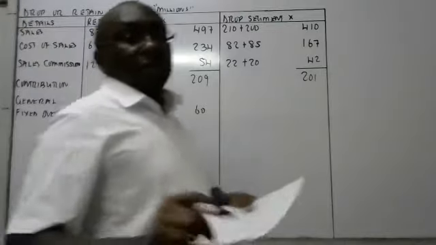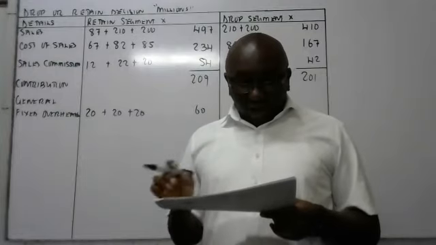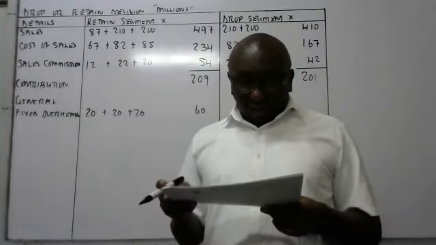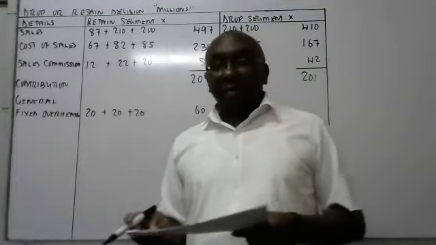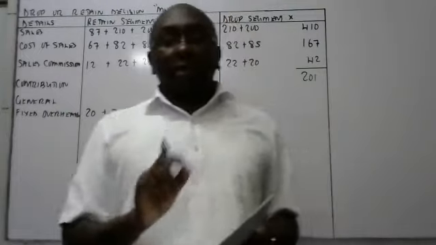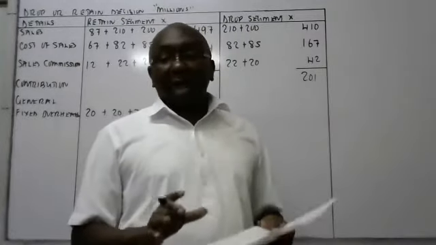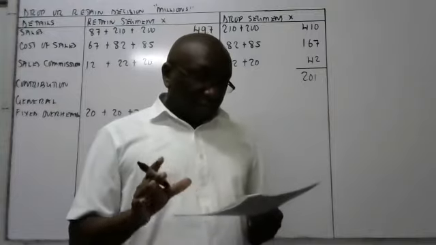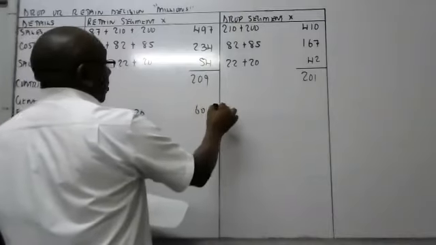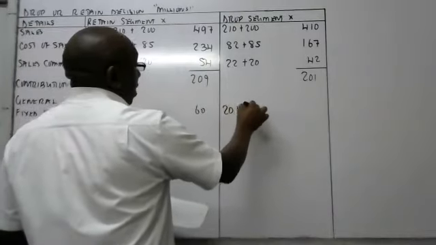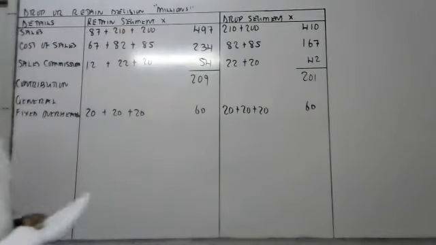For additional information, we are told the general fixed overheads relate to the salary of the chief executive officer, which has been allocated equally to the segments. That means this cost applies whether a particular department is there or not. Because they relate to the salary of the CEO, we are still going to have 20 plus 20 plus 20, and therefore we charge 60. So it's not going to change.